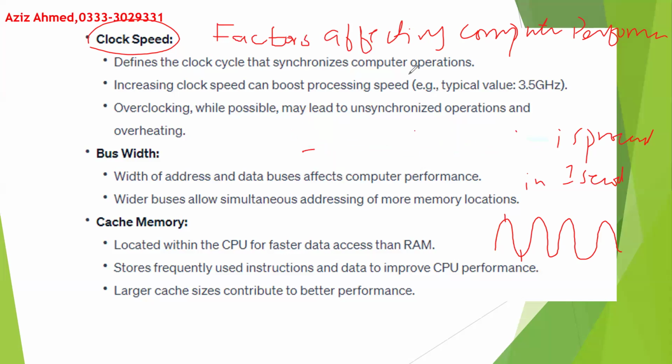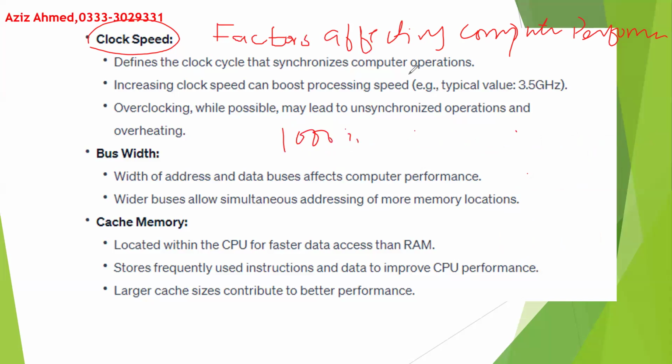Same thing, if a computer performs 1000 instructions in 1 second, then computer speed is 1 kilohertz.